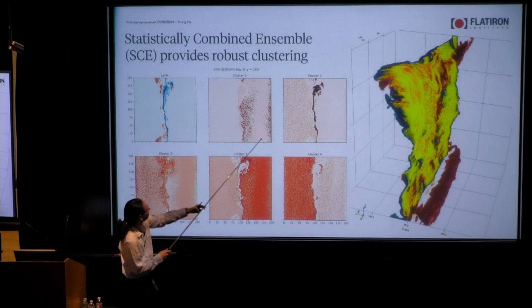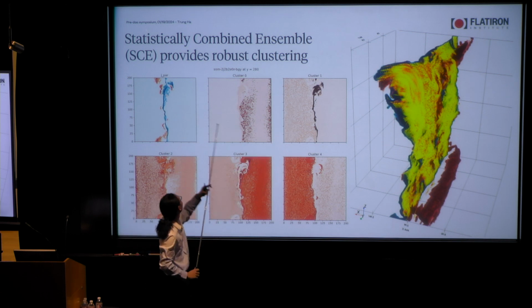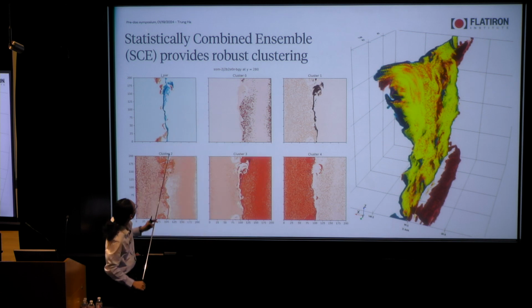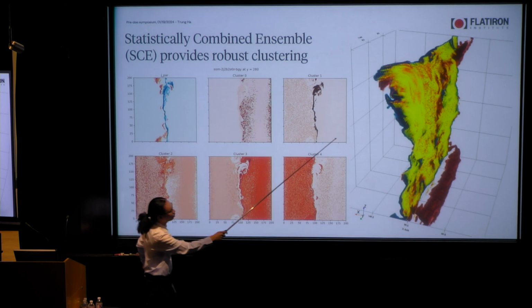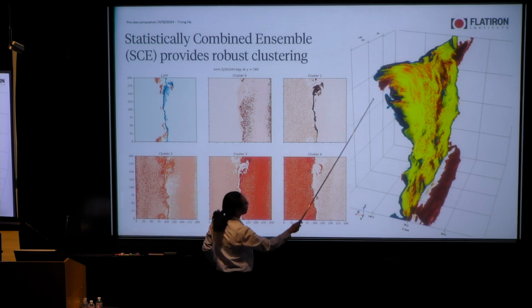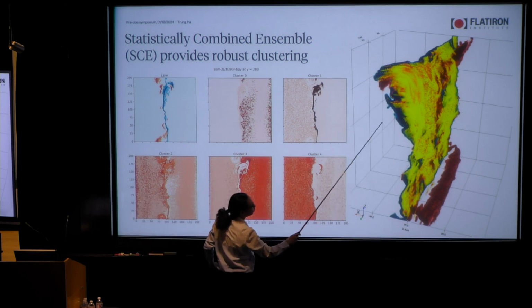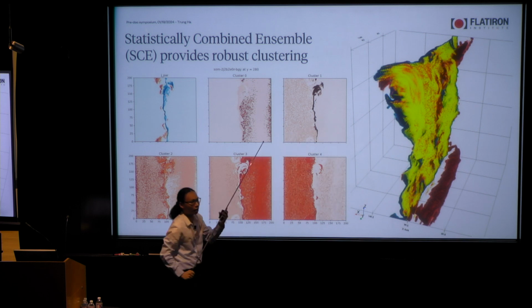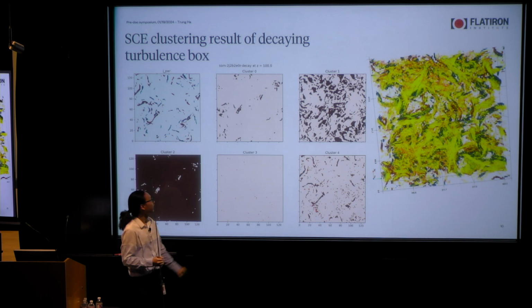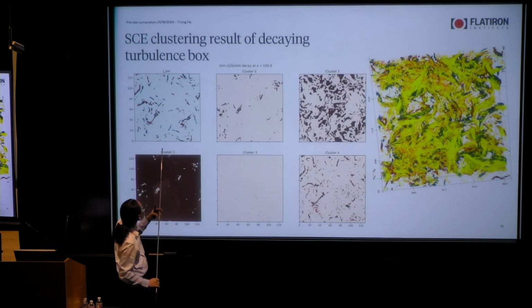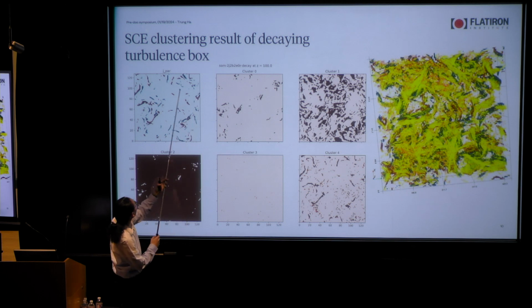So for the SEE, if you look at cluster 1 here, it matches up surprisingly well with JPAR. On the right-hand side is the volume rendering of that. The yellow part is the SEE result, while the blue and red part is the parallel component of the current density.